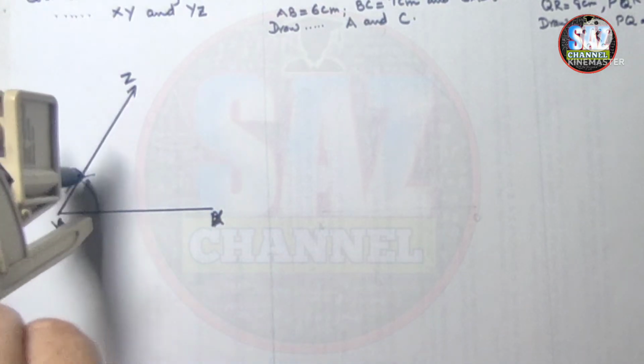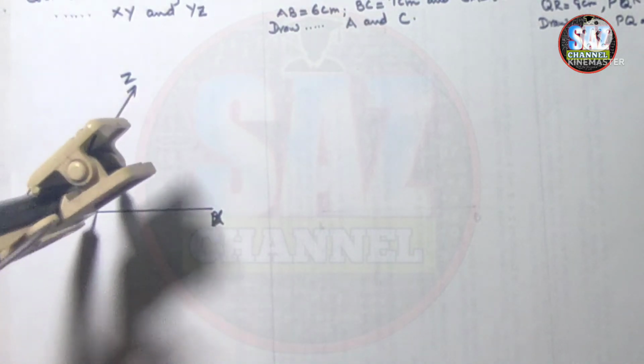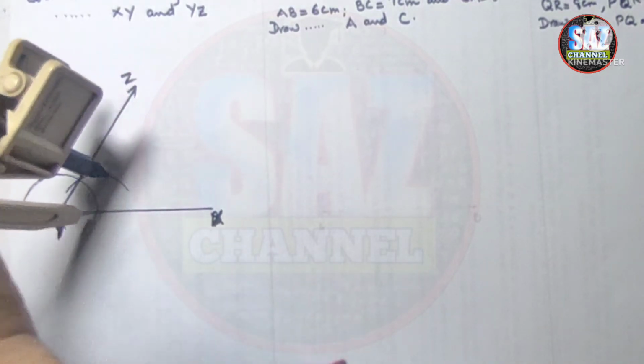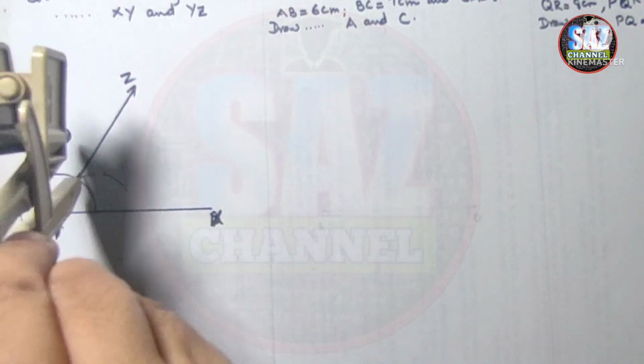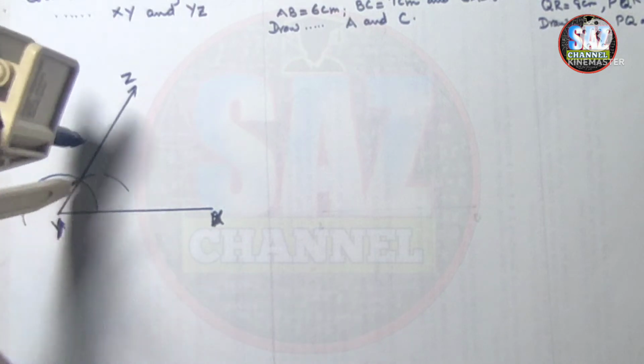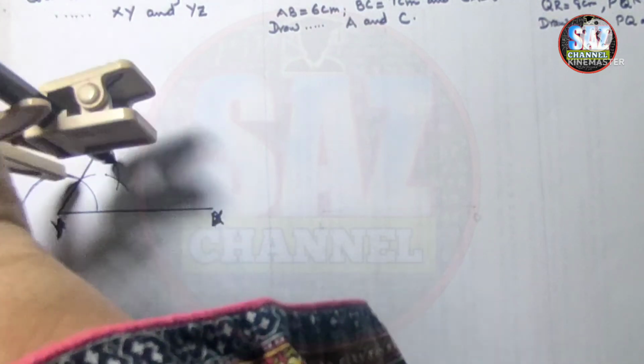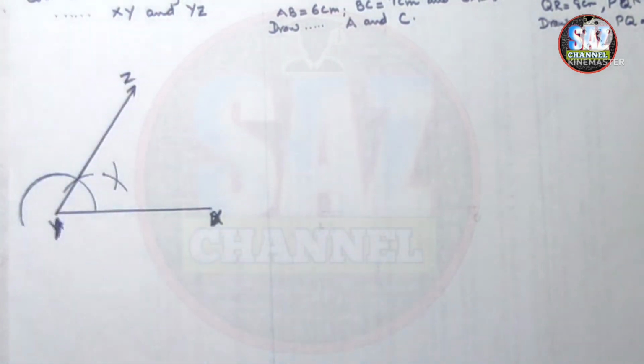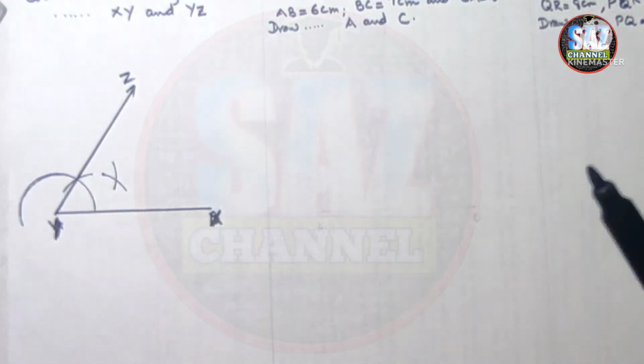Okay. And now, with the same open compass, I have to mark an arc over here in the angle region, and I have to mark the second arc from this place. Okay. And now, join this point with the vertex of the angle.